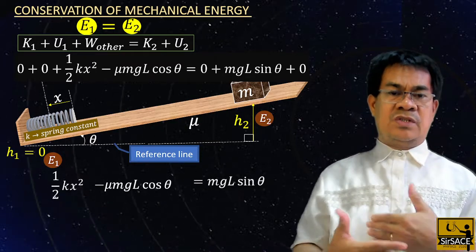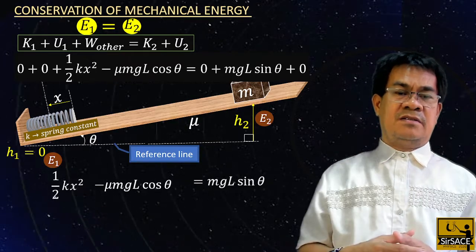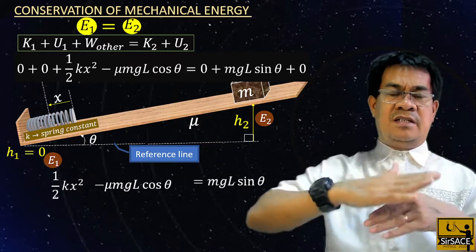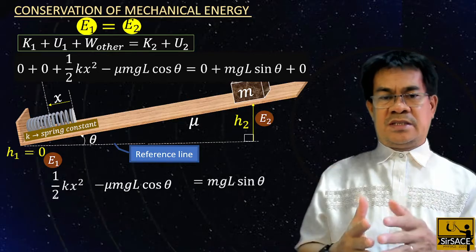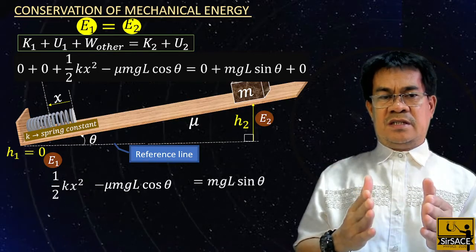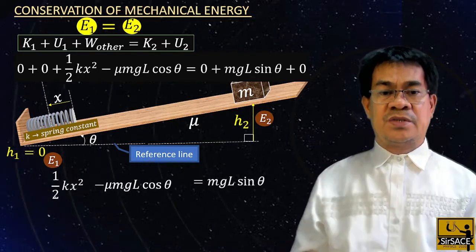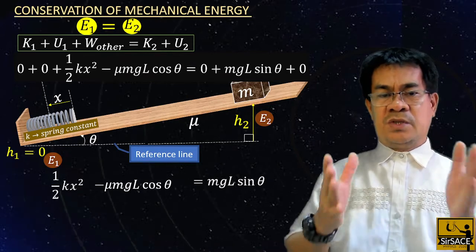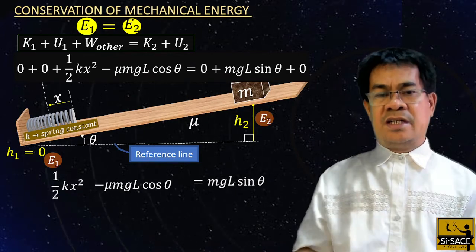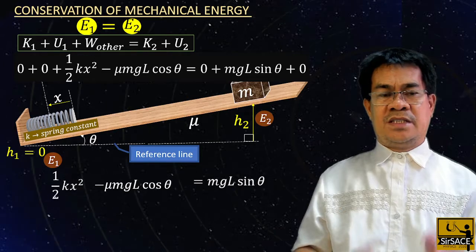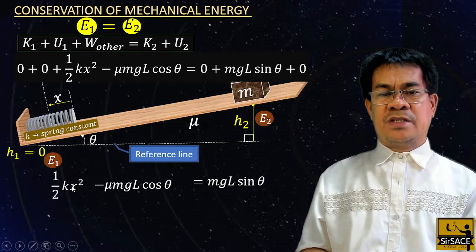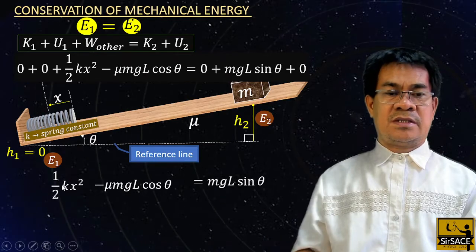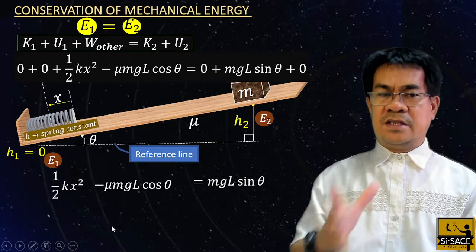And it is also a factor of theta. Now take note, if you increase the angle, it reduces the length because it is inversely proportional. If you increase the mass, it reduces the length. But L is proportional to k and proportional to x.